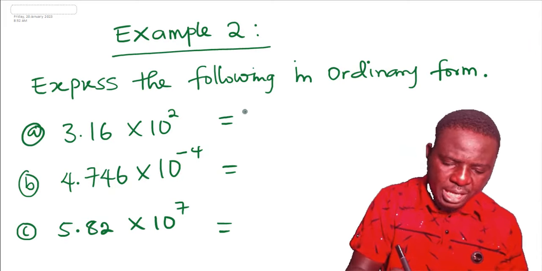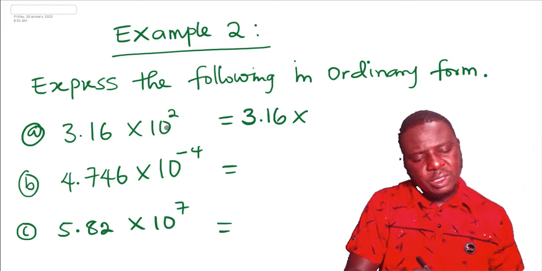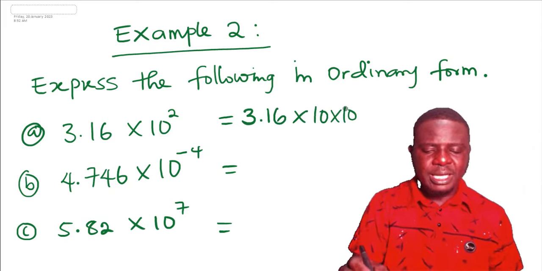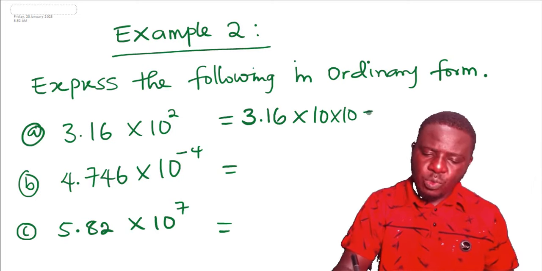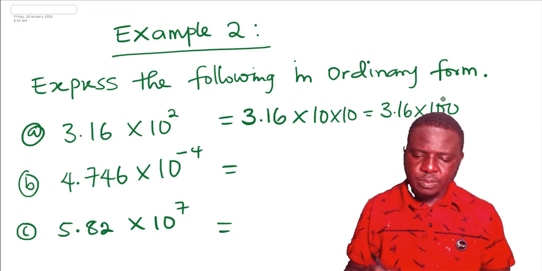This can be written as 3.16 times 10 squared, which simply means 10 times 10, 10 multiplying itself twice, which is equal to 3.16 times 100.